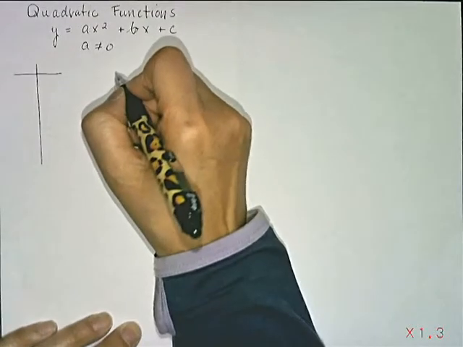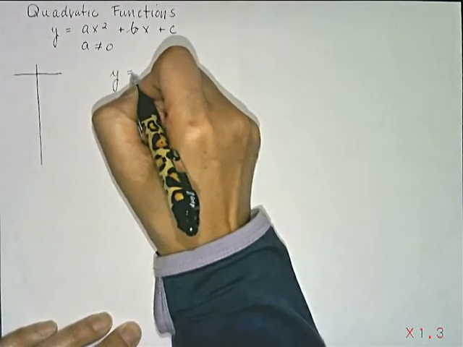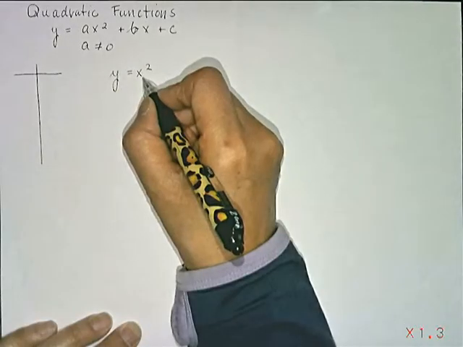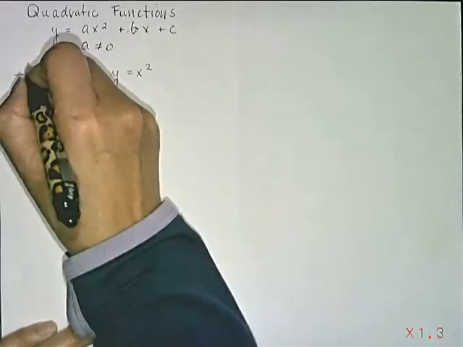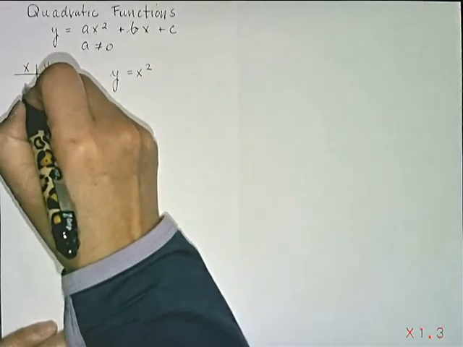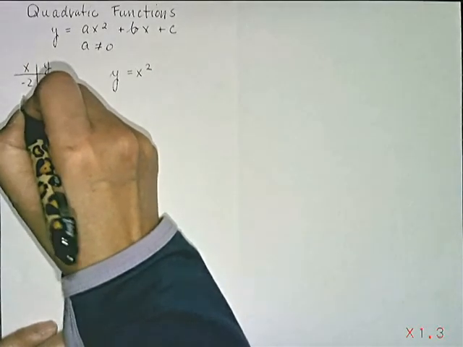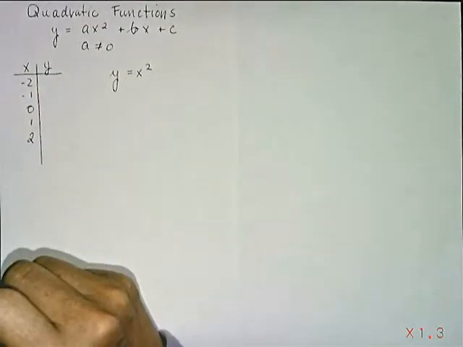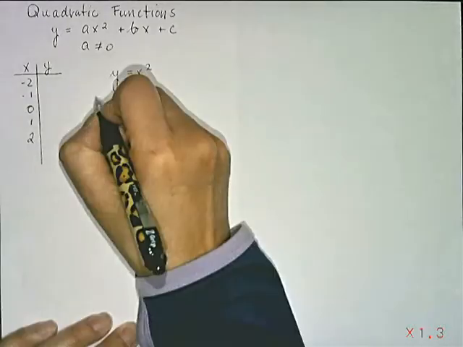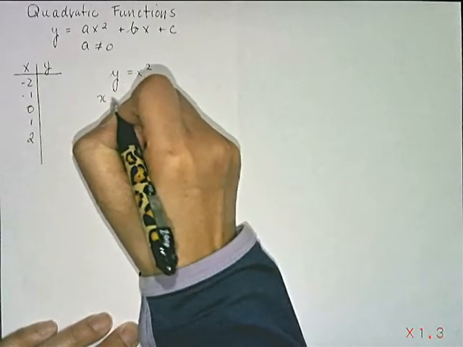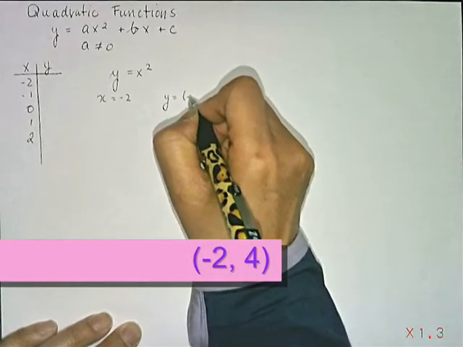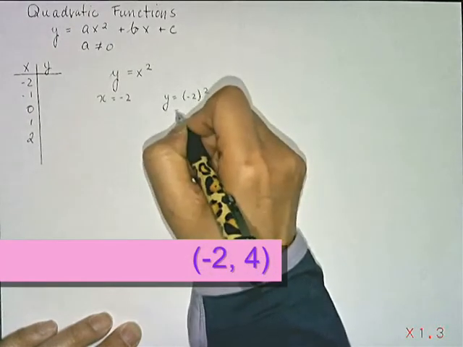The simplest quadratic function is y equals x squared. Choose values for x that are convenient. Let's choose -2, -1, 0, 1, 2. See if we can find a pattern. So if we let x be -2, and then we square it, then y equals -2 squared, or y equals 4.